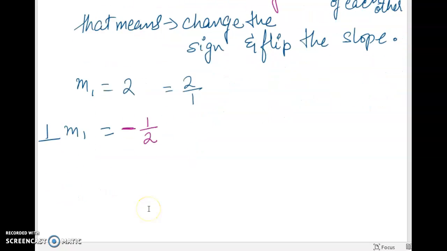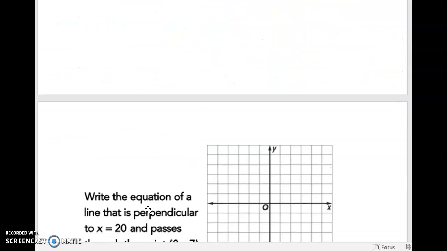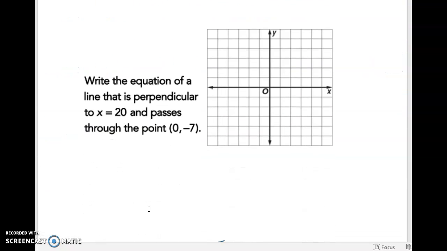Based on that understanding, let's try to solve questions. In this particular case, they are asking about the equation of a perpendicular line. So first thing is that the slopes are negative reciprocal, right? Okay.